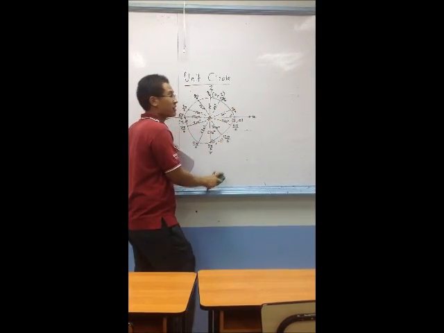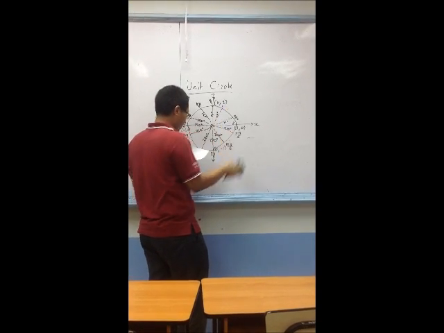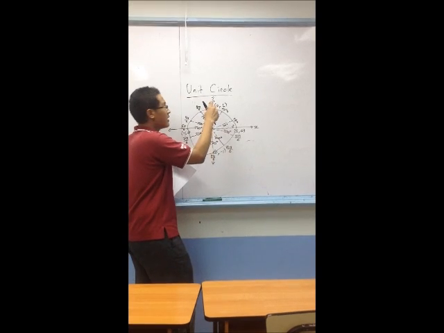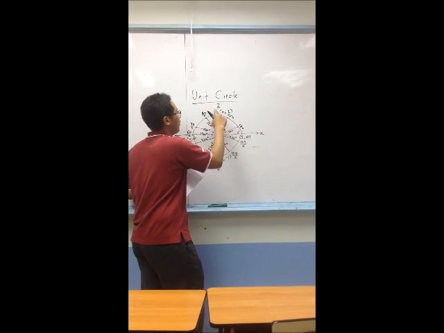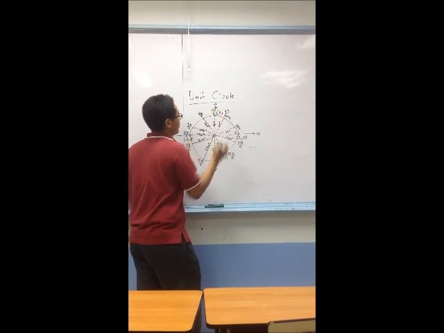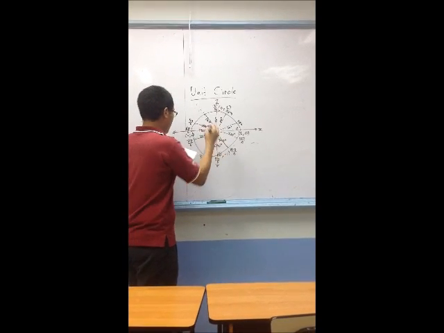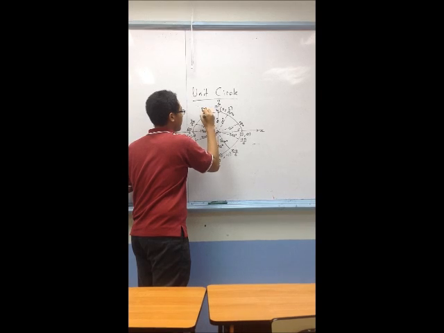So we can simplify these. 2 pi over 6 will become pi over 3. And 3 pi over 6 will become pi over 2. You guys follow me? And 4 pi over 6 will become 2 pi over 3.